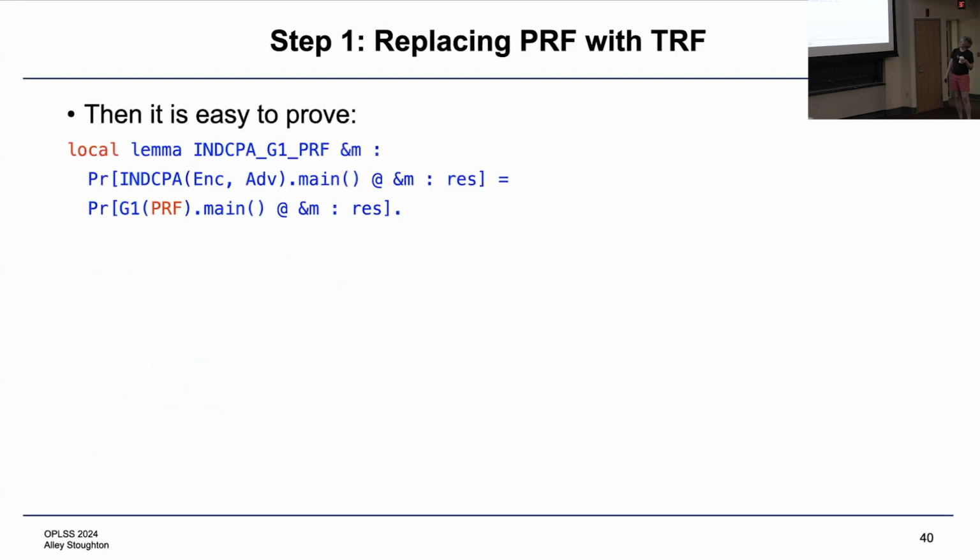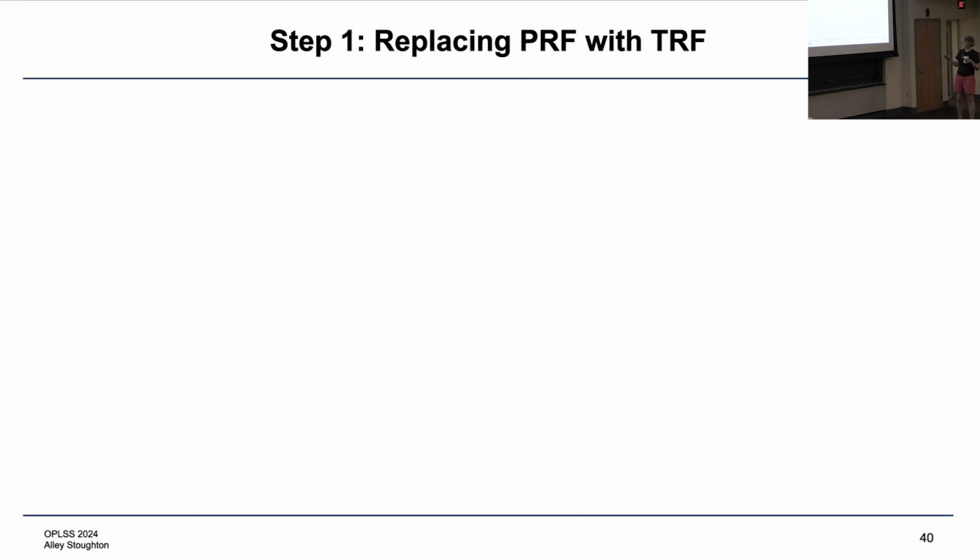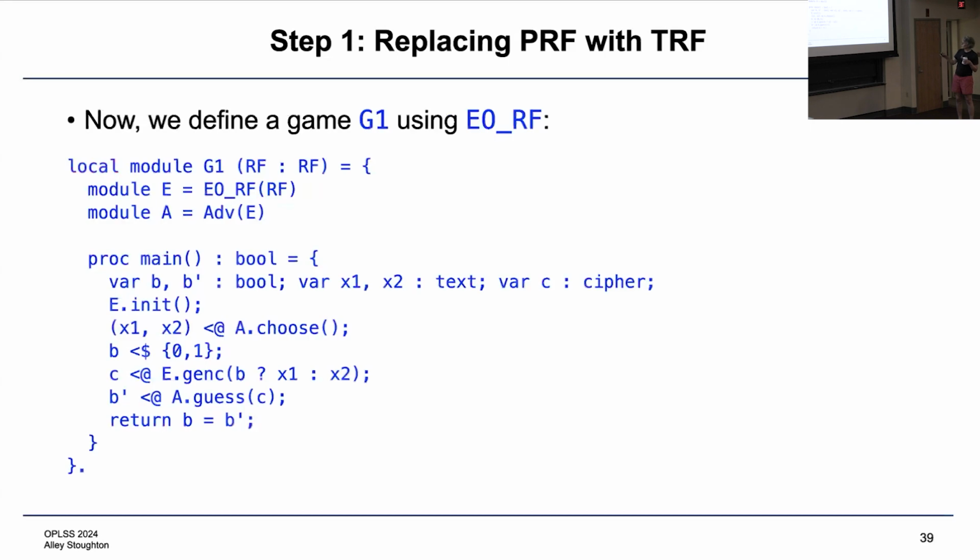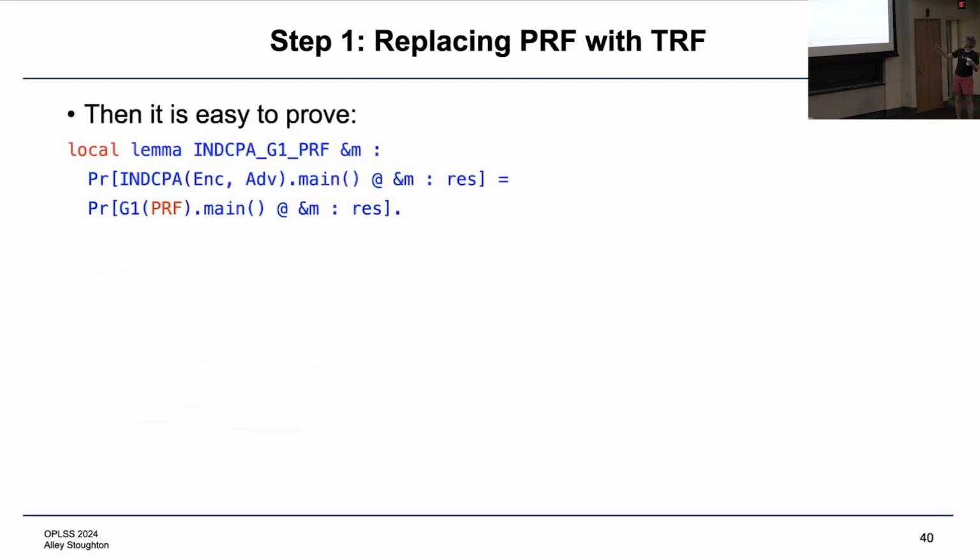So now we can go from our real NCPA game to G1 of PRF. If we plug in the pseudo-random function here, then these do exactly the same thing, and so we get to prove that these probabilities are exactly the same. There's no penalty at all for this step.